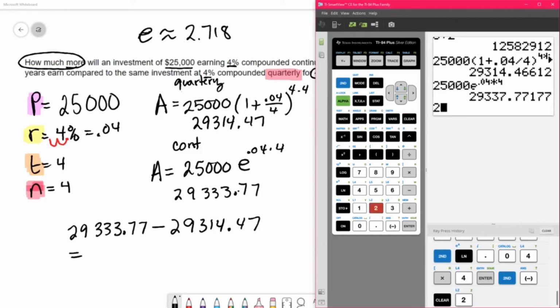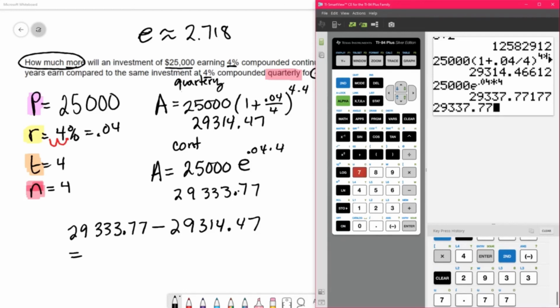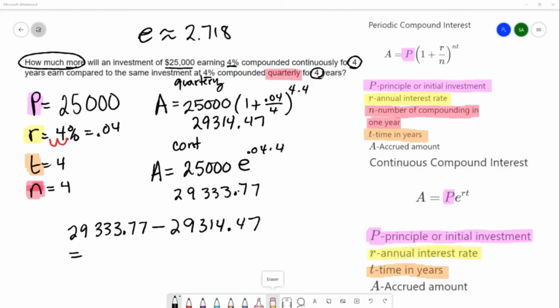So we're going to do 29,337.77, and I can see that I wrote down the wrong value on my whiteboard. There should be a 7 here and a 7 here.